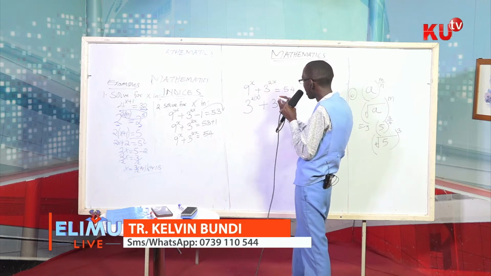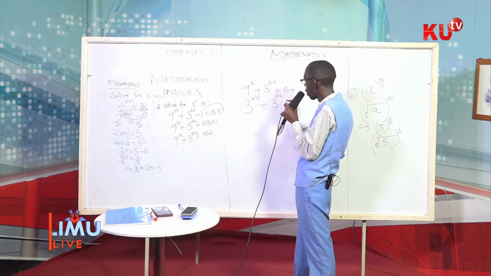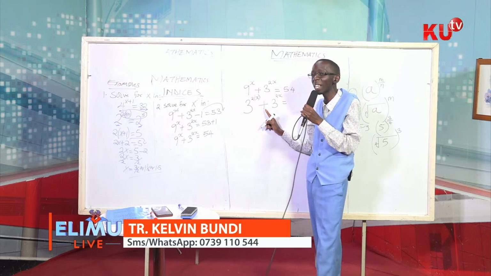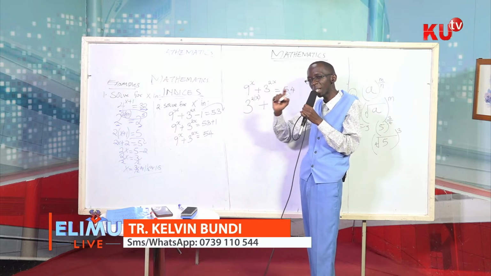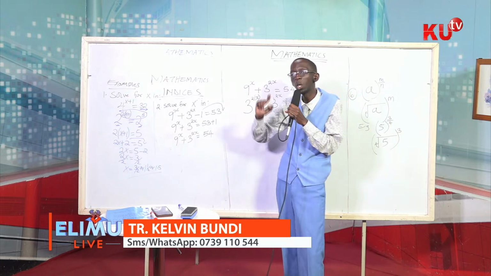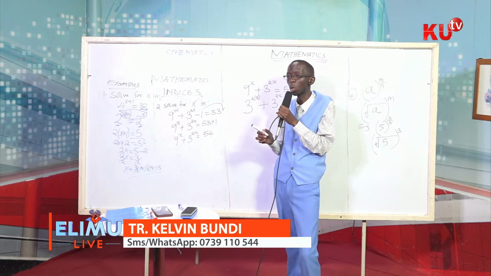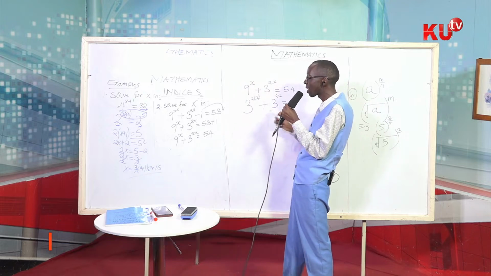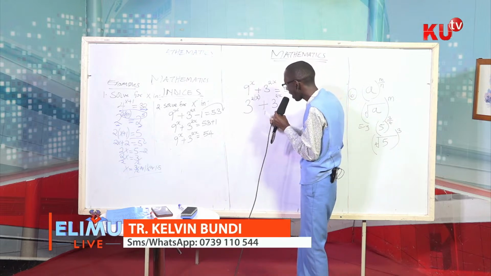Then plus 3 to power 2x. If you have an addition sign, my dear student, there was a law of indices that says if the bases are the same and we have a multiplication sign, we add the powers. Do not confuse that law with this one. These two bases are the same, but we don't have a multiplication sign.